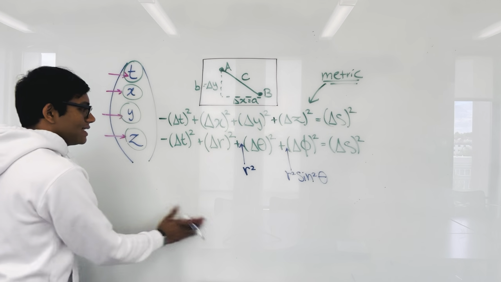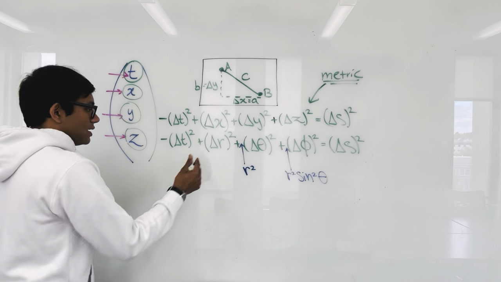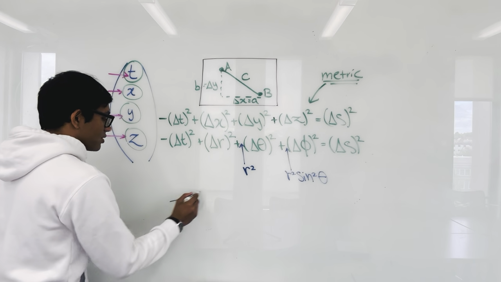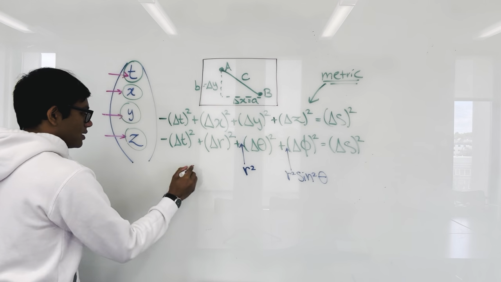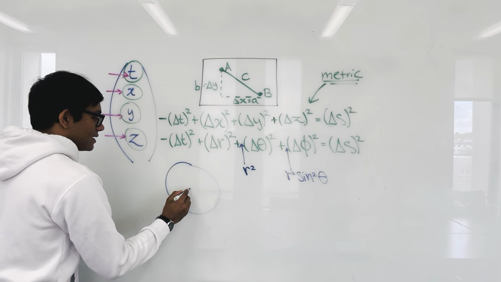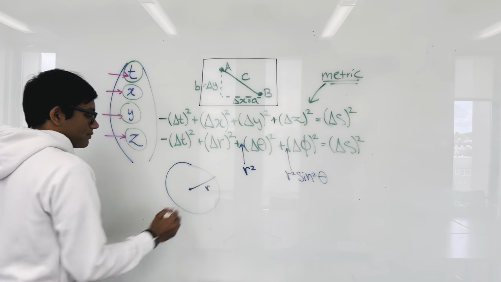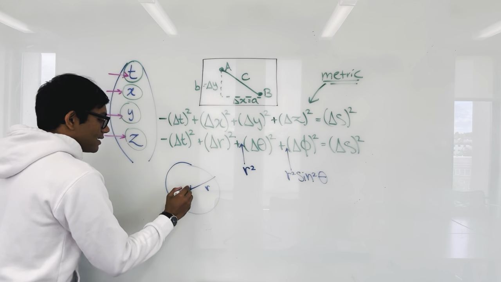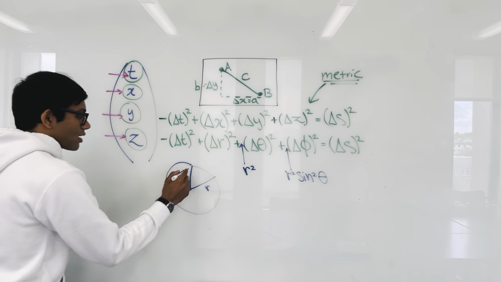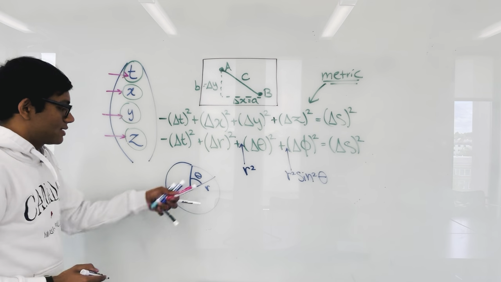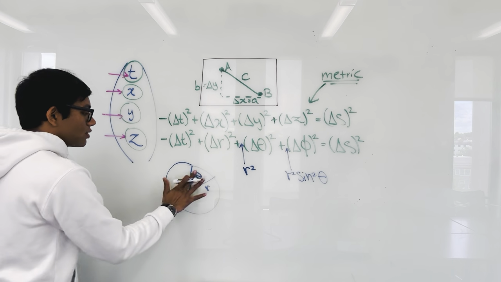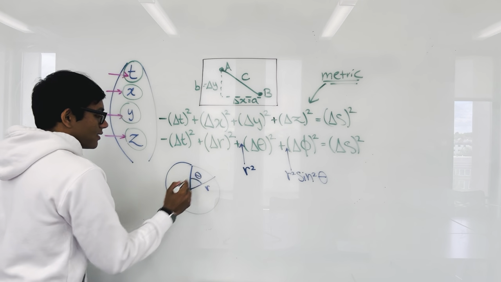Well, one way you can see that is as follows. Imagine I just have a circle. Let's just draw a circle right here, and let's say this circle has some radius r. And let's say that I carve out a kind of pie, and this little slice of pie has an angular size of theta.